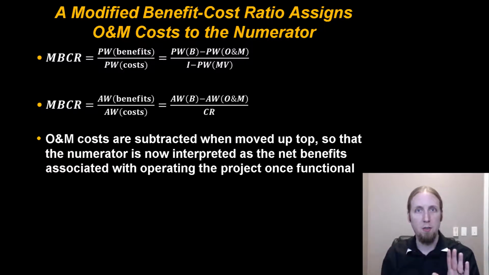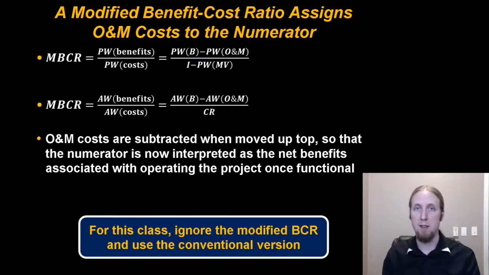I'm mentioning it because it's in the textbook, and you're going to see it, but we're always just going to use the conventional benefit cost ratio in this class. So that's what you should assume as a default, and that's what you're going to need to get the right answer on the homework sets and on the exam.